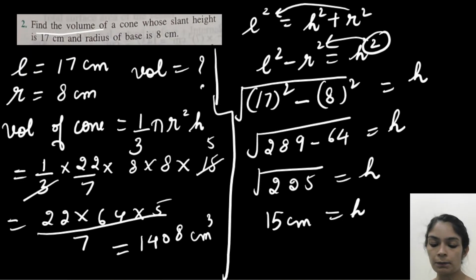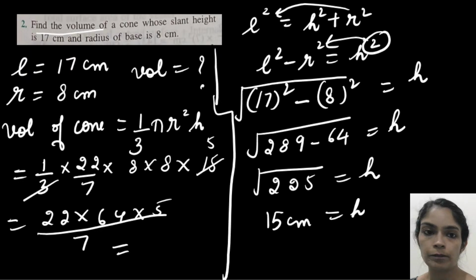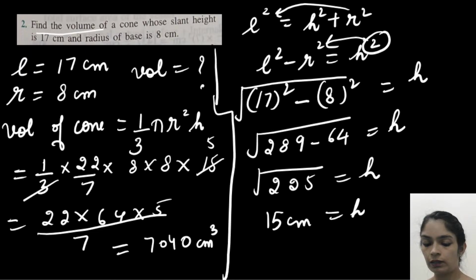See, I want the maximum number of students to write the answer so that I can figure out the correct answer. 7040 centimeter cube, cubic unit. It's wrong. So Yatin has written, see, every one of you is telling me wrong answers. 7040. Okay, so is it correct?